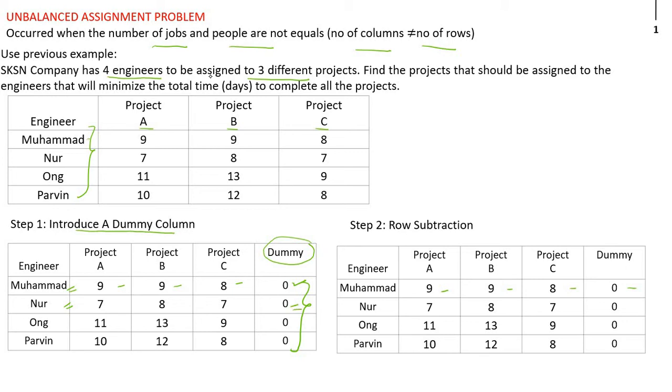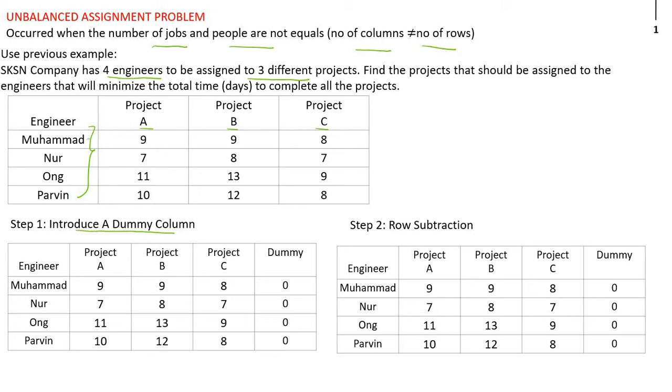So 0 minus 7 minus 8 minus 7, we have 7, 8, 7, 0. And we apply the same procedure for Ong and Parvin. Then we complete the row subtraction. Basically, when we introduce a dummy column, the row subtraction will be the original value.